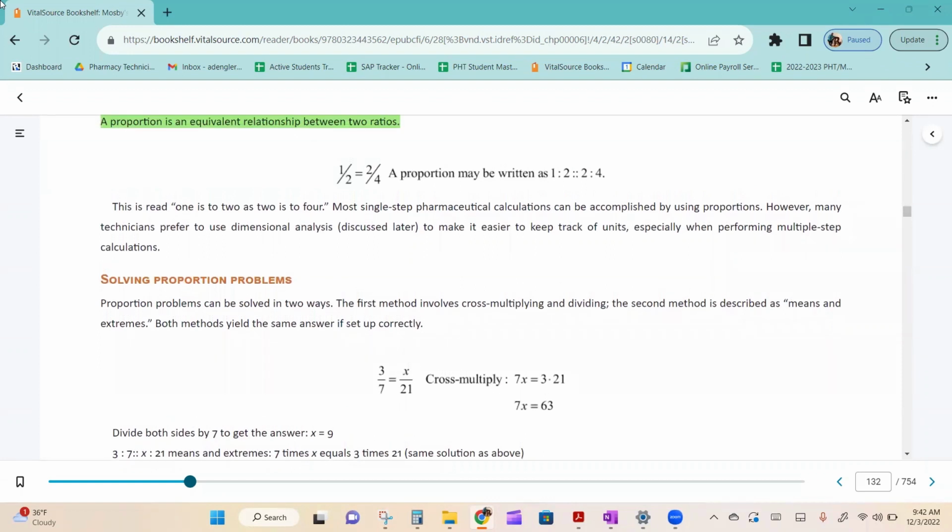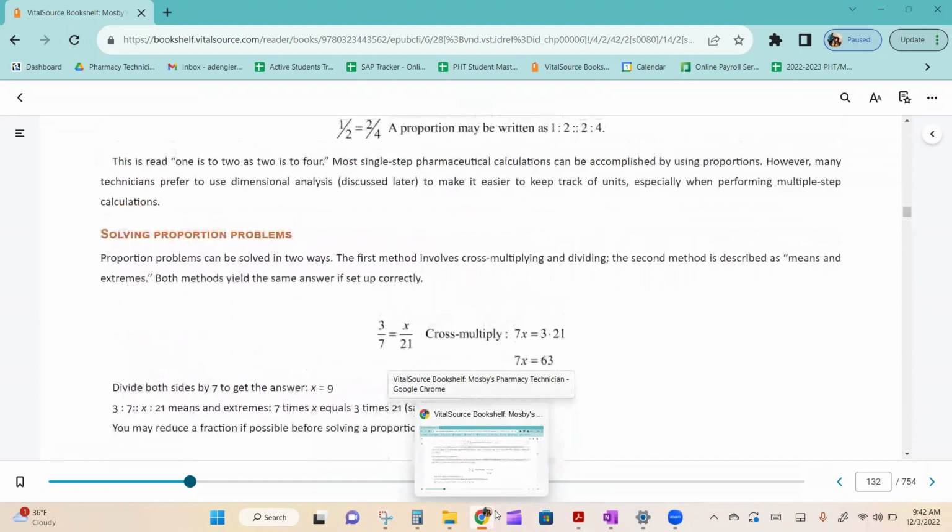cross multiply and divide. So here, you see that they have 7x because we cross multiply diagonally. You can do 7x equals, and then write the 3 times the 21, if that's easiest for you.